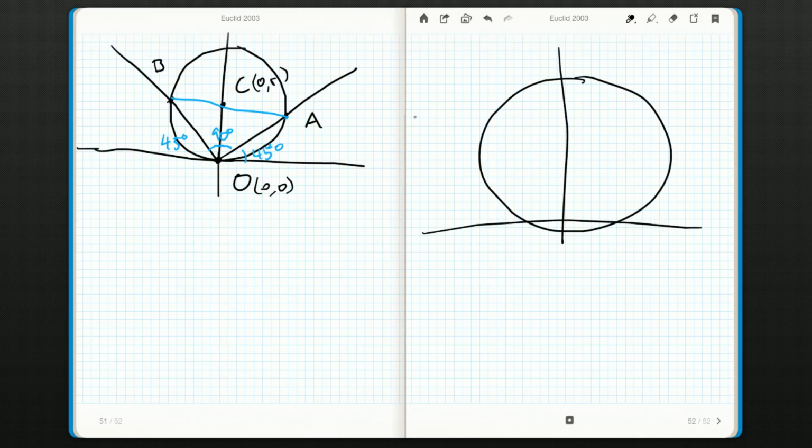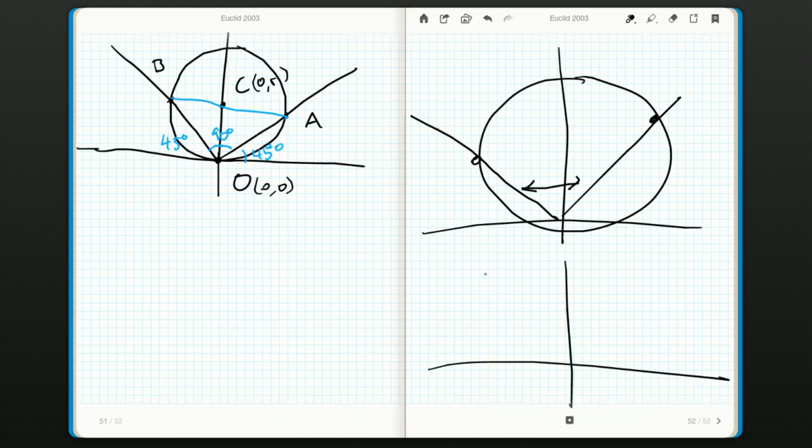This isn't the best, but say this point here were definitely lower than this point up here. The circle is symmetrical about the y-axis. So if I were to flip it, I'd have the exact same picture, but then B would be up higher than A, and that wouldn't work either.